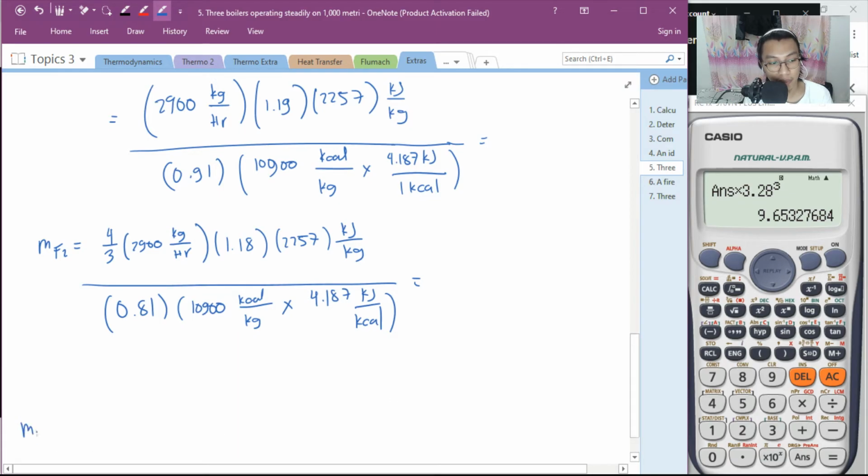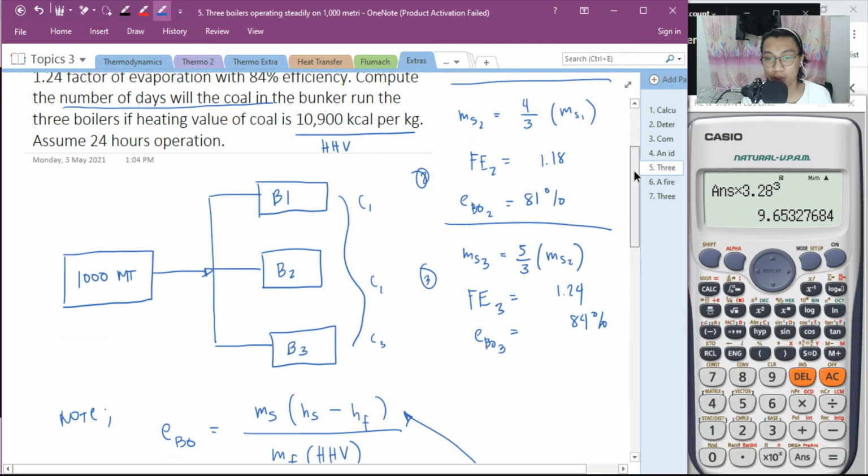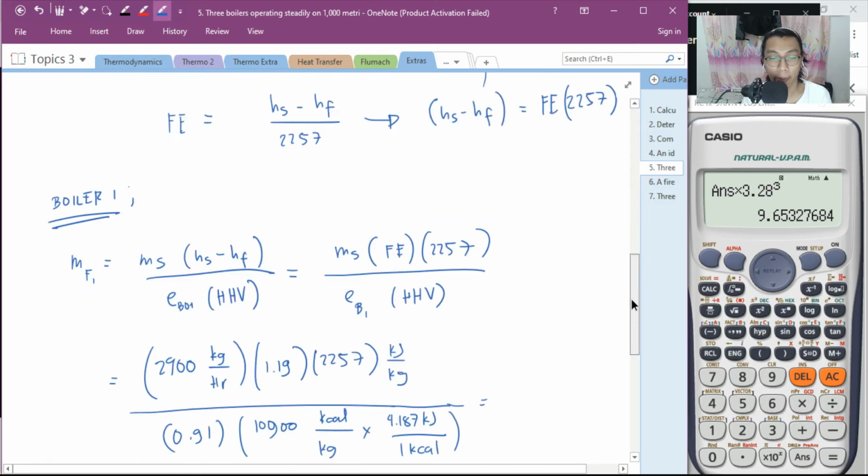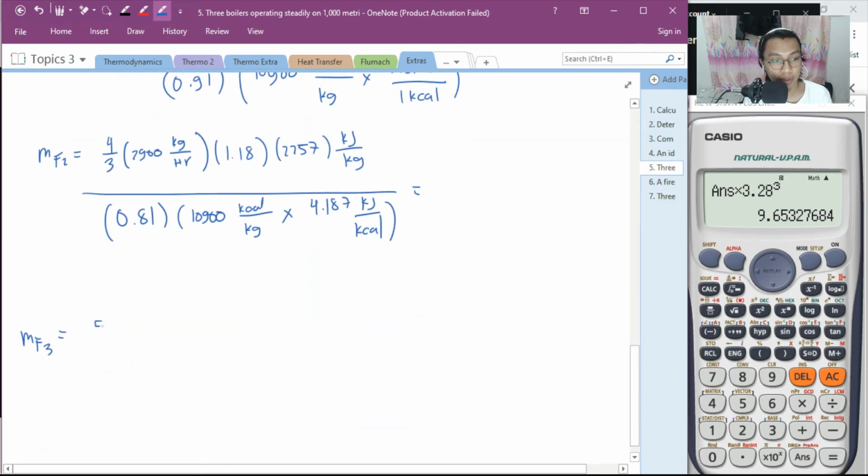So, mass ng fuel nung sa 3, consumption niya, that is 5/3 nung MS2. Okay? So, 5/3. 'Di ba ang MS2 is 4/3 nung MS1.